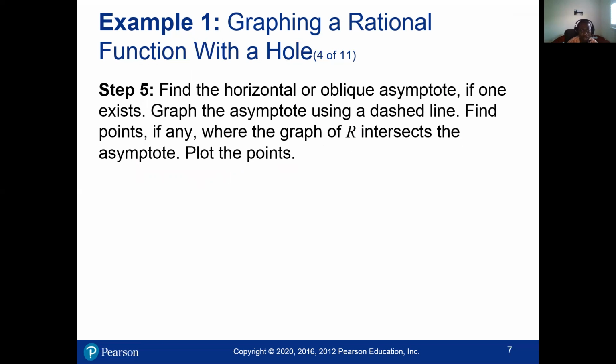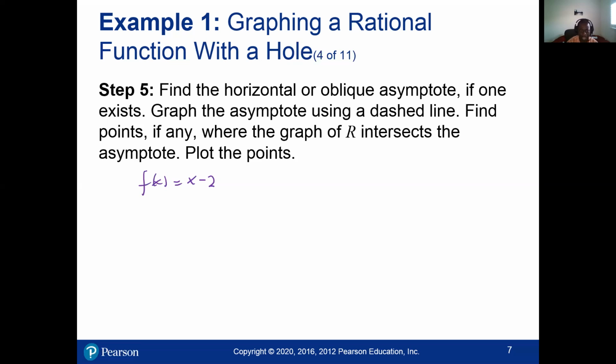Then let's go to step 5. It says find the horizontal asymptote or an oblique asymptote, and then graph the asymptote using a dashed line. Find points, if any, where the graph of the rational function intersects the asymptote, whether it is horizontal or vertical. Here again, our function is x minus 2.